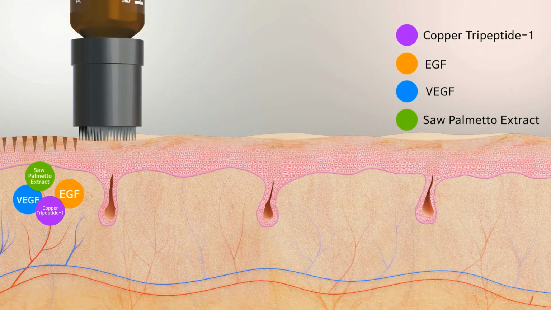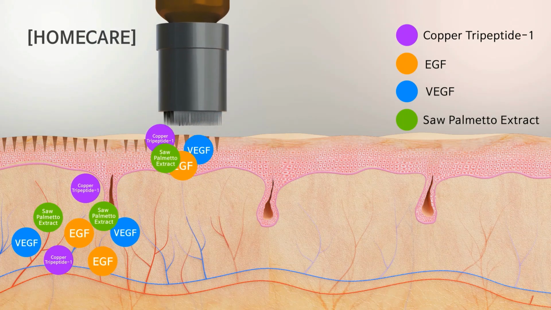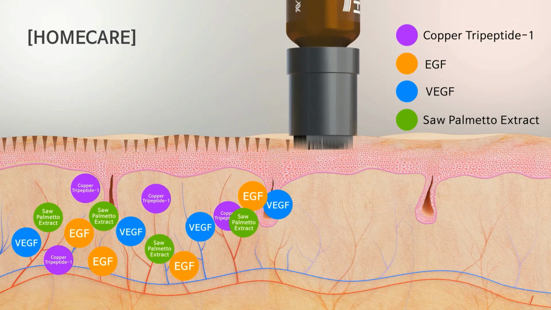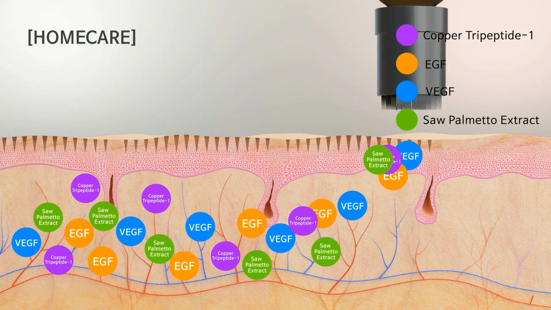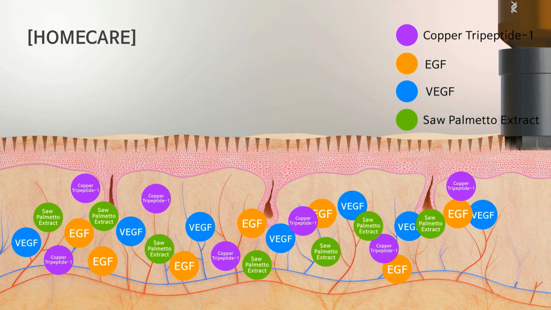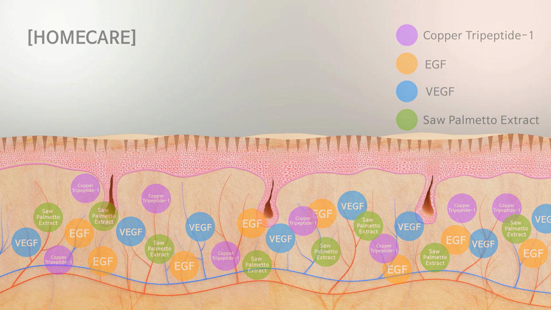For home care, install the applicator with microneedles to the entry of HR3 Matrix Hair Solution Alpha. Start tapping vertically with a constant pressure.